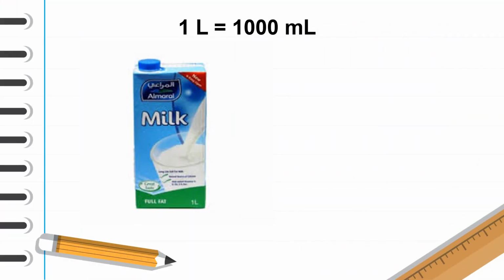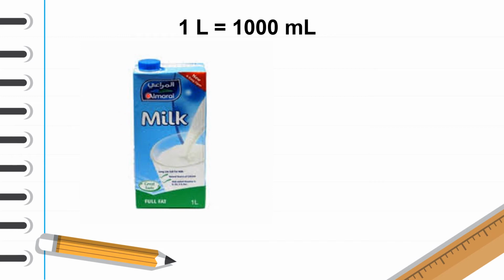Okay, so before going to next page, let's discuss a small point that we studied before, that 1 liter is equal to how many milliliters? Excellent, 1000 milliliter. Now here I have a picture of a milk carton or the milk pack.